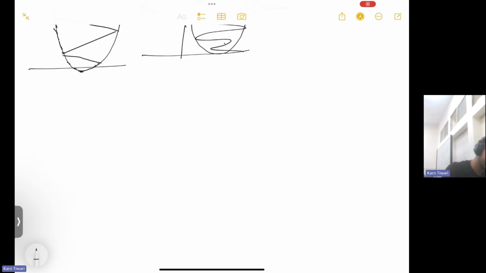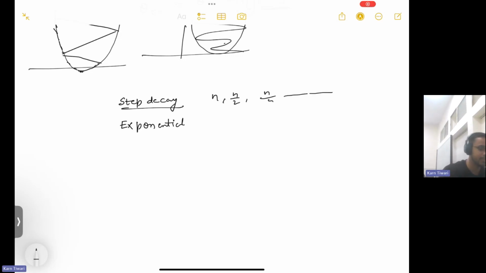So that's how there are techniques for doing that. Step decay is there, and we also have exponential decay. I guess all these things are covered in the materials, so those who haven't gone through the material, just go through it once. In step decay, after certain epochs you reduce eta by half, so initially it will be eta by 2, then eta by 4, something like that. In exponential decay, you make eta a function of the update step t, with decay 1 by k.